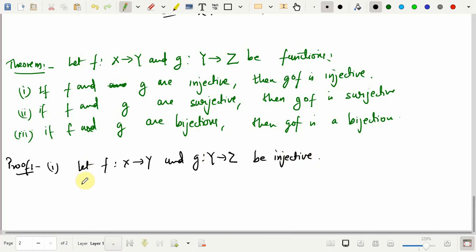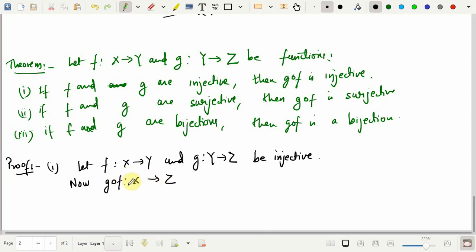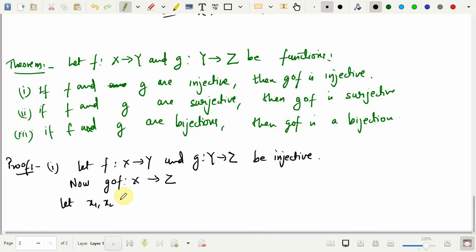We take two distinct points in the domain of g composite f and show that their images are also distinct. Now g composite f is a function from x to z, so you need to start with any two points in its domain x. So let x1, x2 be two points in x such that x1 is not equal to x2.